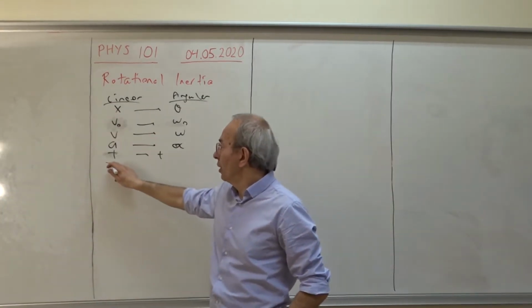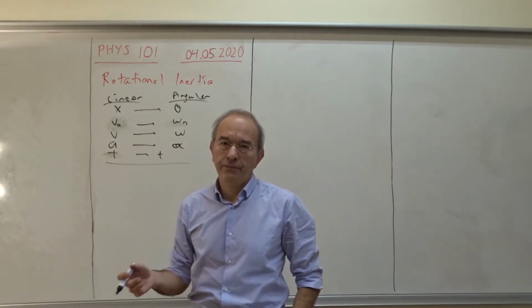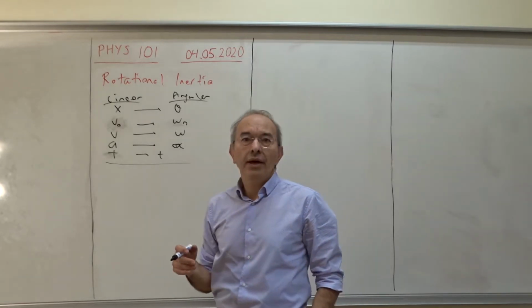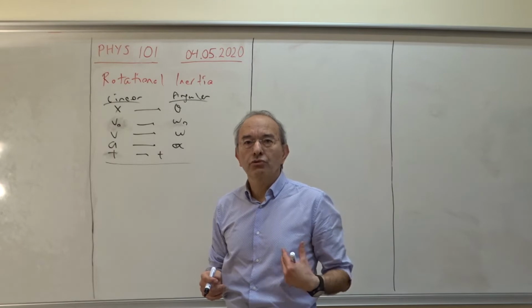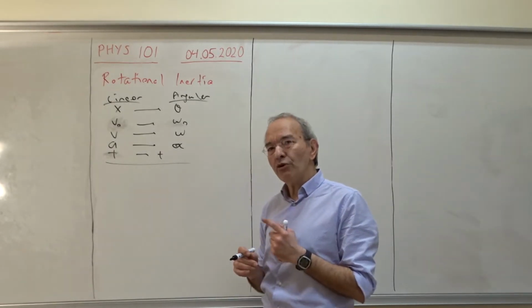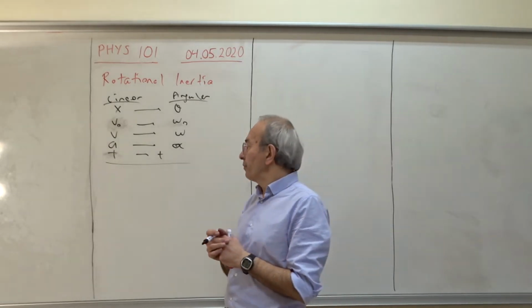But also, we have seen Newton's laws in the previous chapters, before we deal with angular motion. So force was equal to mass times acceleration. We will see the counterpart of force later. It will be torque, as you possibly expected.